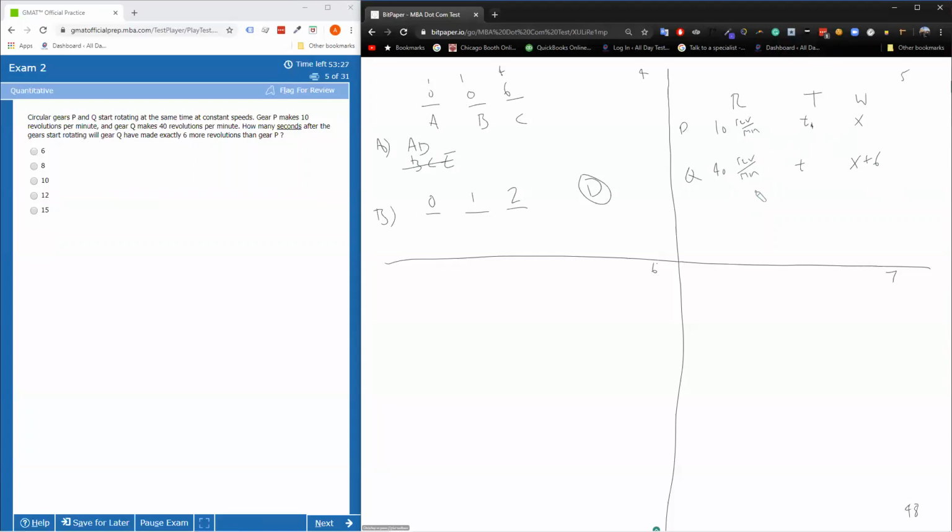So 10t is equal to X, 40t is equal to X plus 6. And what I want to do is I want to solve for this time. So I'm going to subtract these two equations. 40 minus 10 is 30t. X plus 6 minus X is 6. So t is 1/5 of a minute, which is 12 seconds.